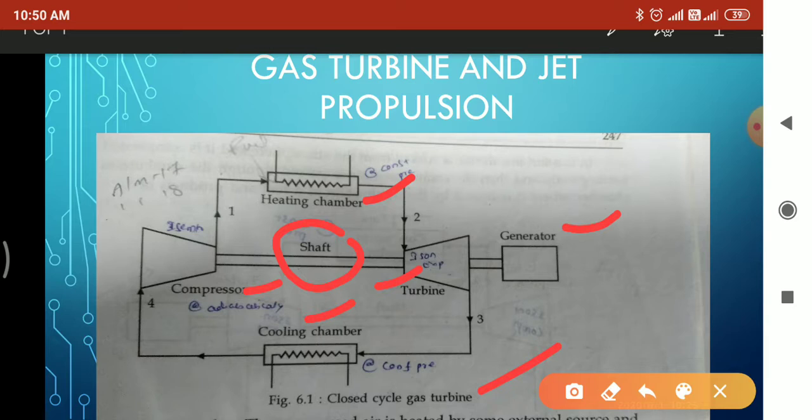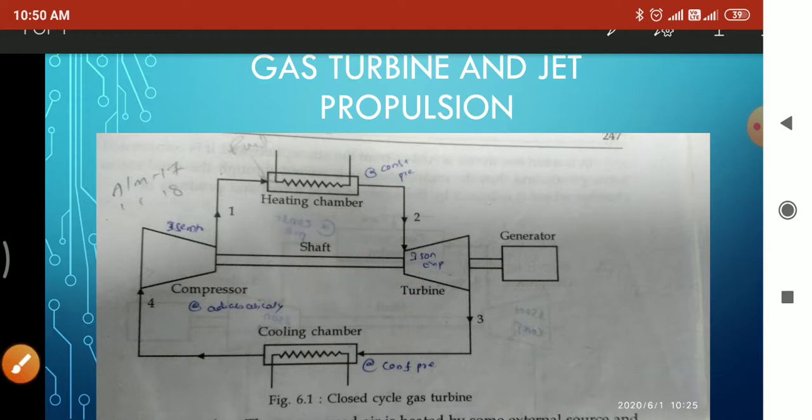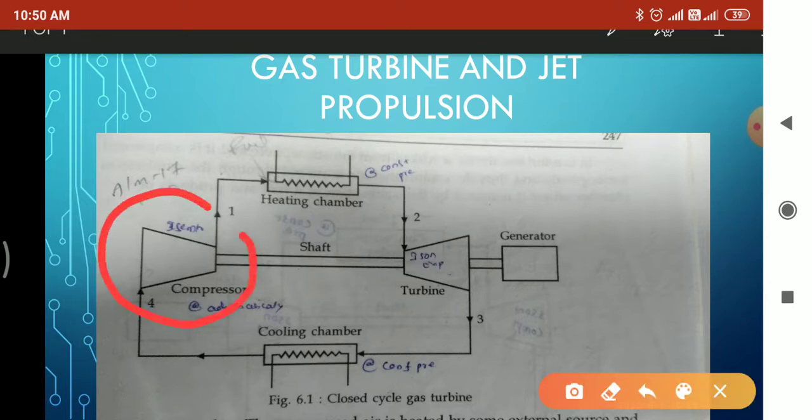Now we will move to the working principle of this gas turbine. First, the atmospheric air is compressed in this compressor isentropically up to the required pressure, and the temperature increases from T1 to T2. After that, the gas is sent to the heating chamber.